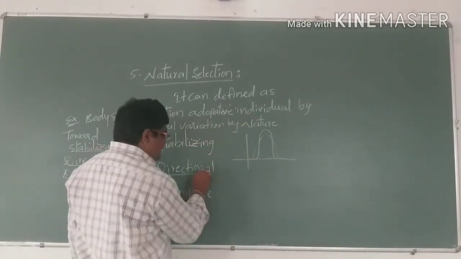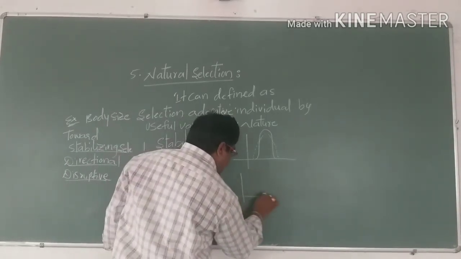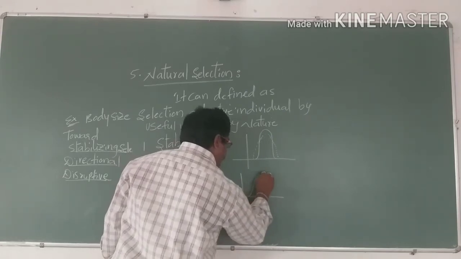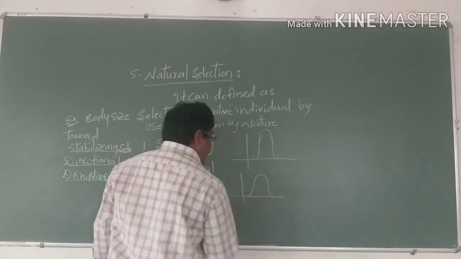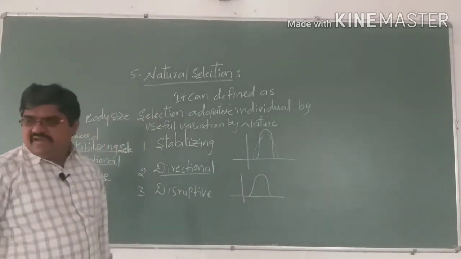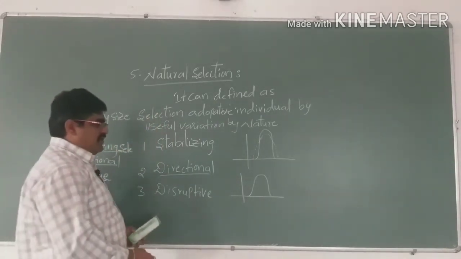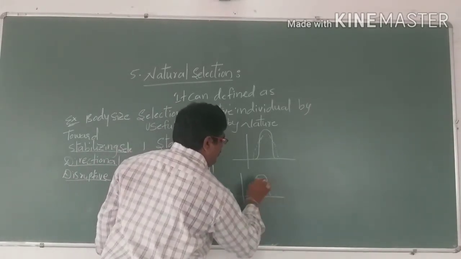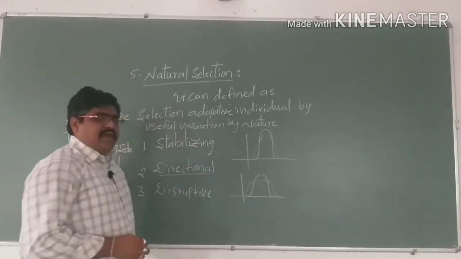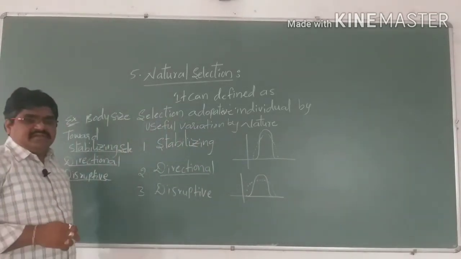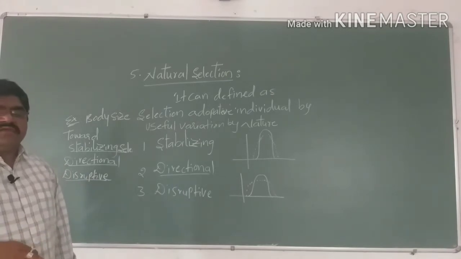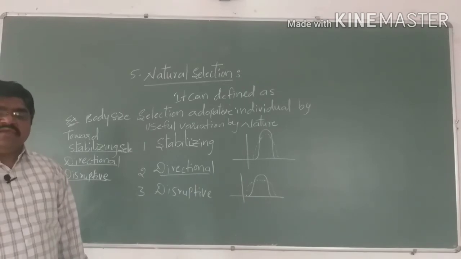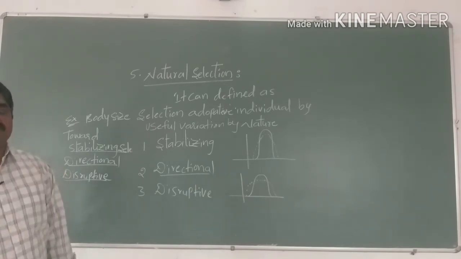But in directional selection, the mean level shifts. There are intermediate sized individuals present, where the mean size varies.